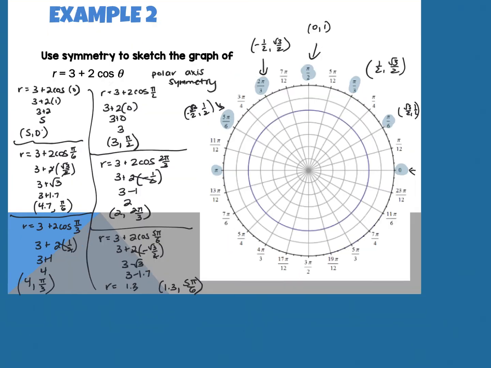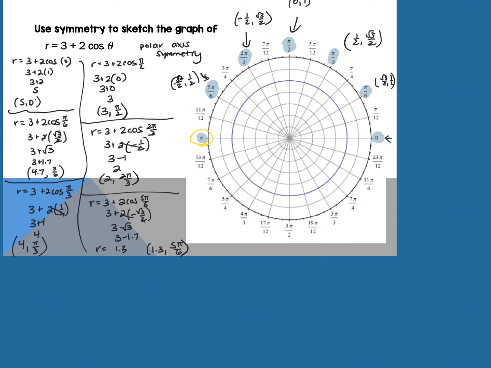And then the last one is pi. Coordinate point there is negative 1, 0. Everybody still with me?